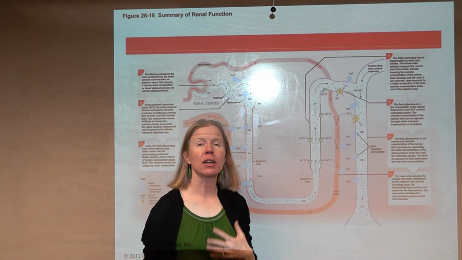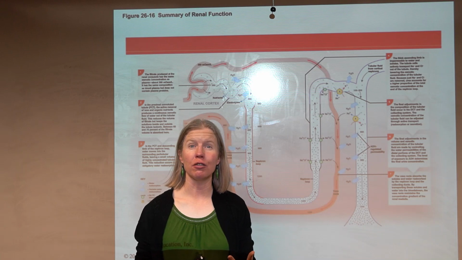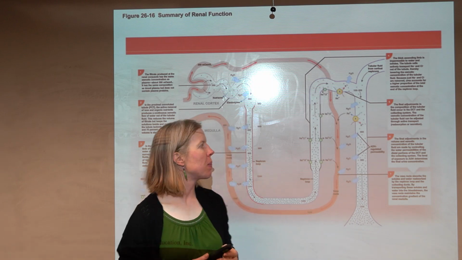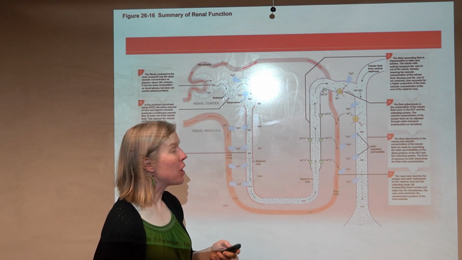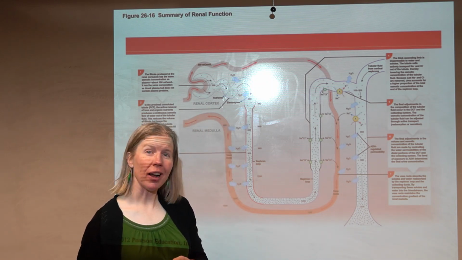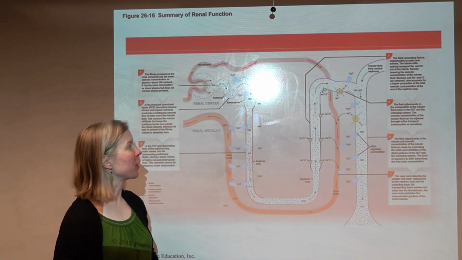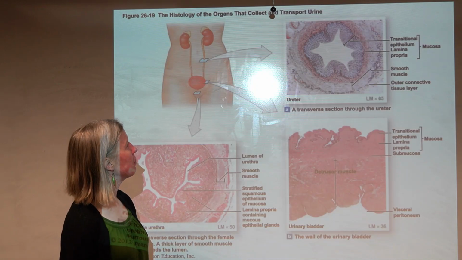The DCT and collecting duct is also where we see a lot of adjustments made to pH, through the variable reabsorption of hydrogen or bicarbonate. So it's actually a pretty cool process. You will never look or think about urine in the same way.